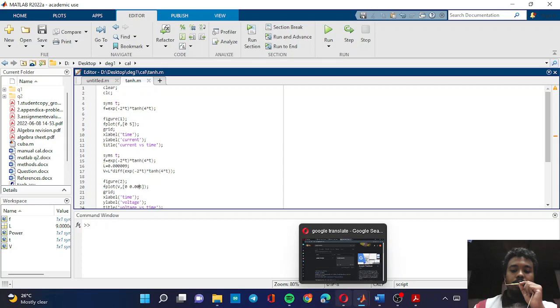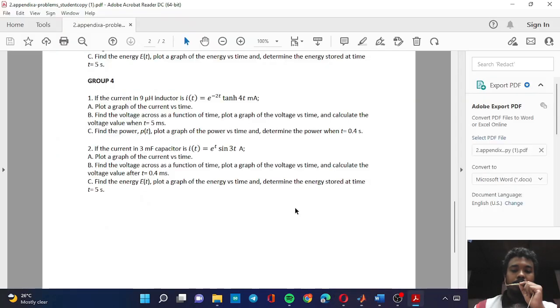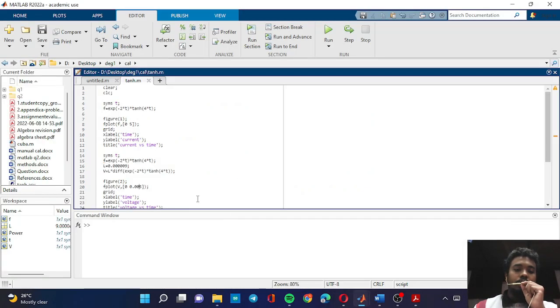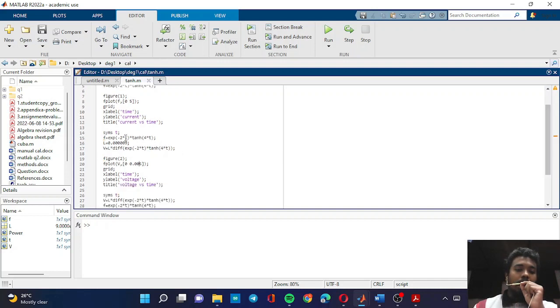And then we go to question 1b. Question 1b asks us to find the voltage across as a function of time, plot a graph of the voltage versus time, and calculate the voltage value when t equals 5 ms. So we have to find the voltage first. Given an inductor and current, the formula for voltage is inductor L times the differential of current.